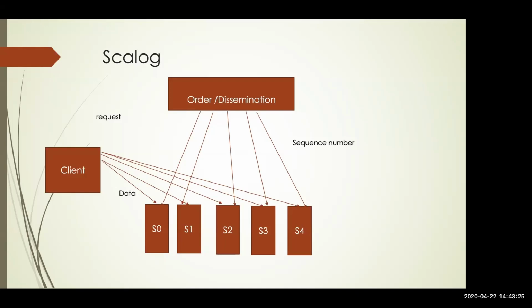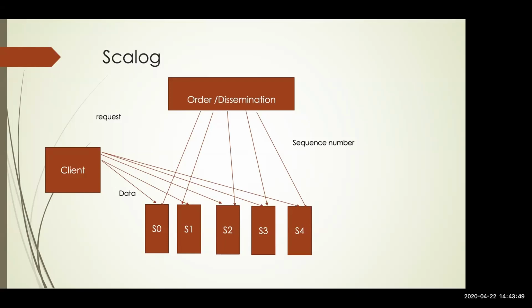So this is how it removes the problem of reconfiguration. There is no mapping the client is maintaining. So there is no downtime in case a shard is added or removed.